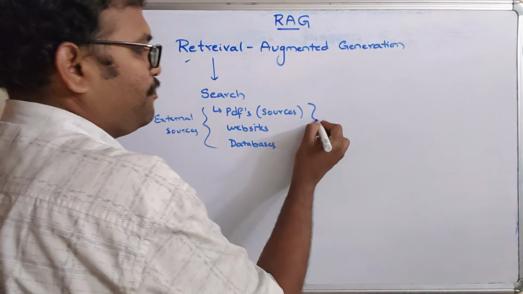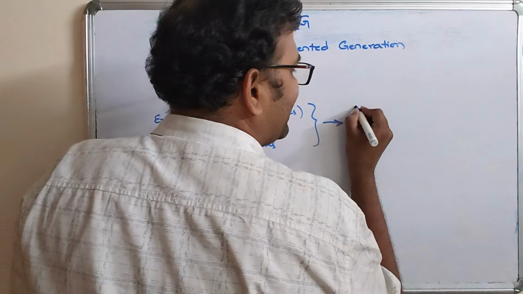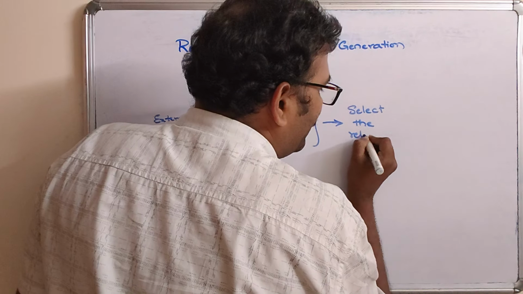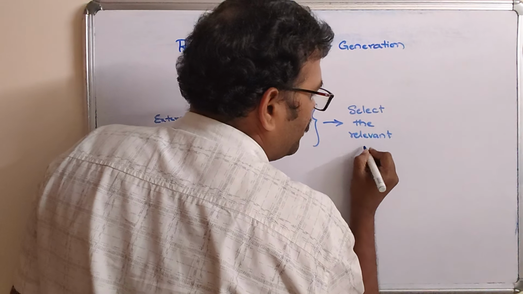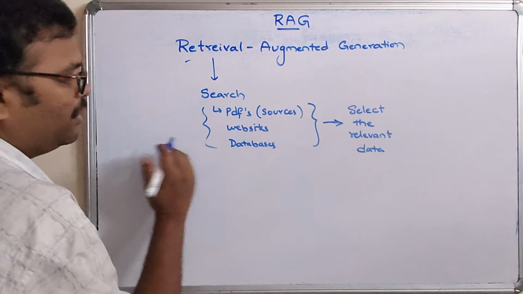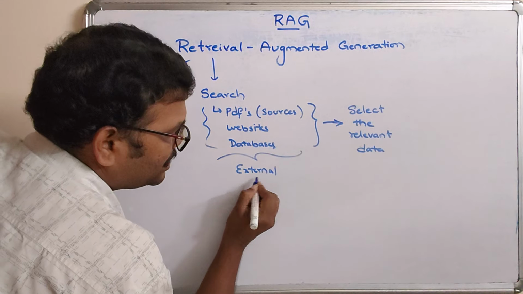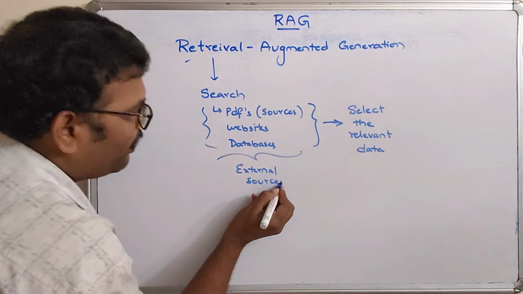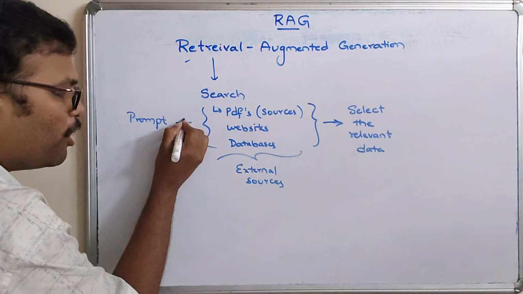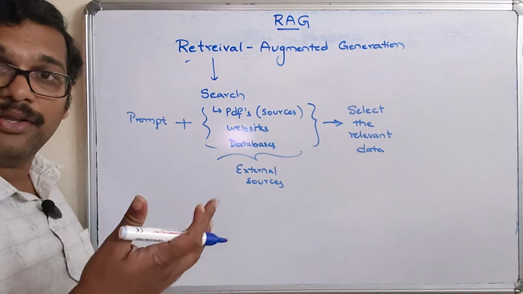Then it will select the relevant data. These are all external sources. What is the input here? The prompt. Sometimes we call it a prompt, sometimes a query, what the user wants.